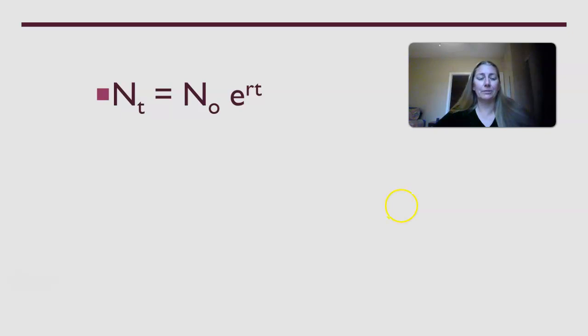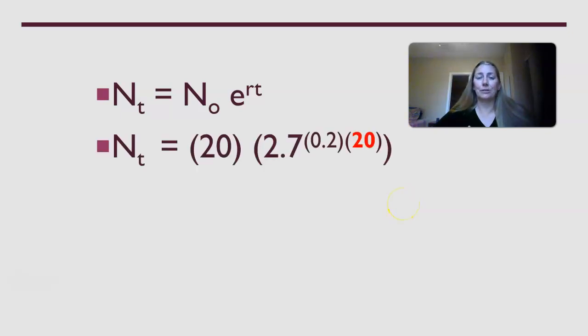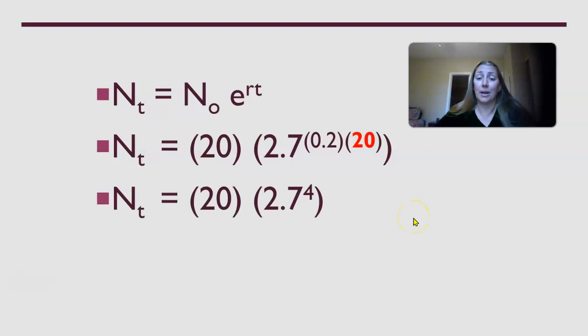And so my final example here, again, still using this population of mice. Now let's see what would happen to the population in 20 years. So we went from 5 to 10 to 20. That is exponential growth. 5 years, double it to 10 years, double 10 to 20 years. And that's what exponential growth is all about. So 20 times 0.2 is 4.